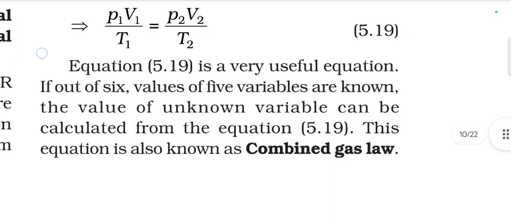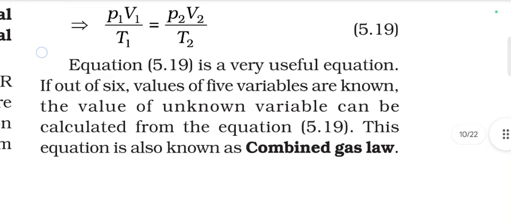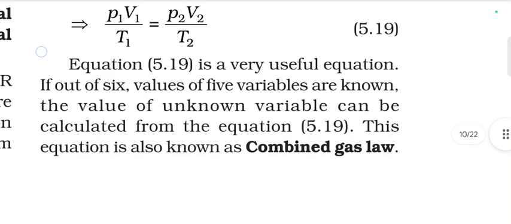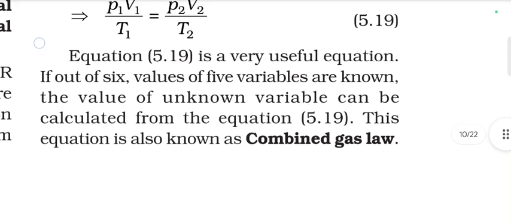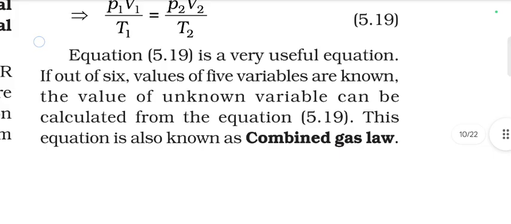Equation 5.19 is a very useful equation. If out of 6 values of 5 variables are known, the value of the unknown variable can be calculated from equation 5.19. This equation is also known as the combined gas law.